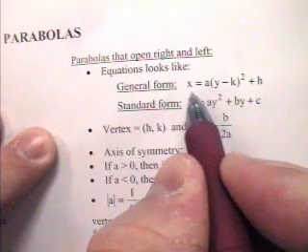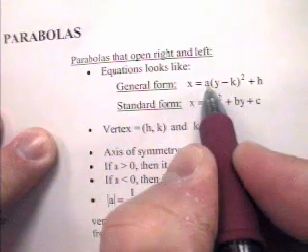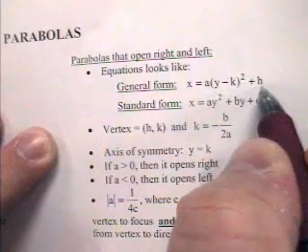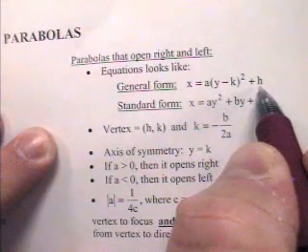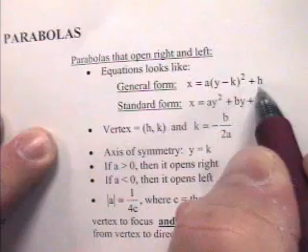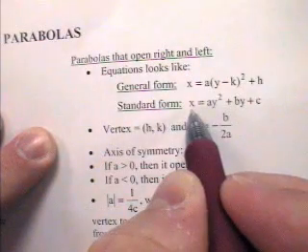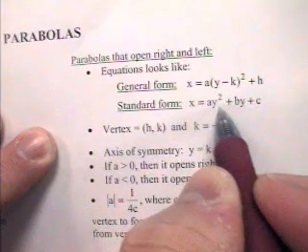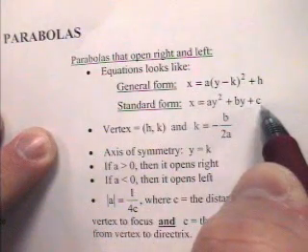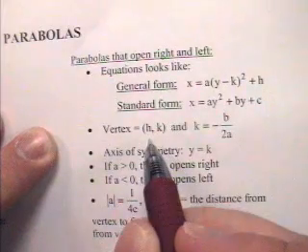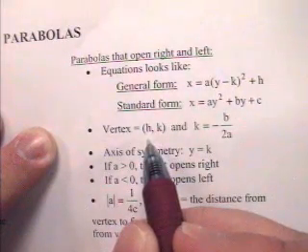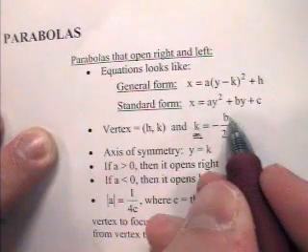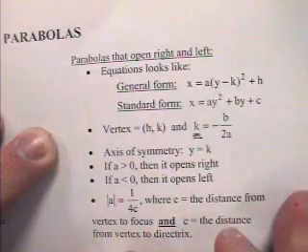Now, I want you to take a look at the equation. x equals a, and this says y minus k, and h is now on the outside. That's different. The standard form has x all by itself over here, and then ay squared plus by plus c. The vertex is still located at (h, k). That's not different. You'll notice that k is equal to negative b over 2a.